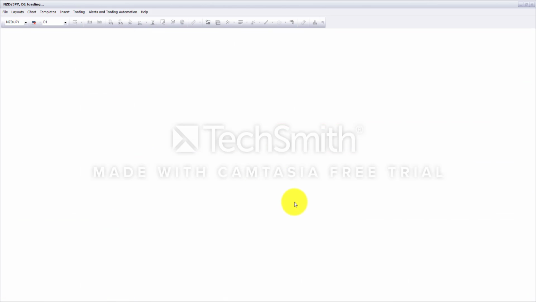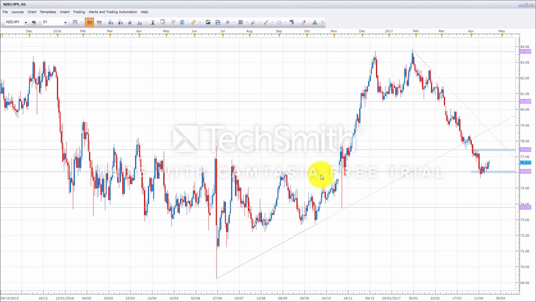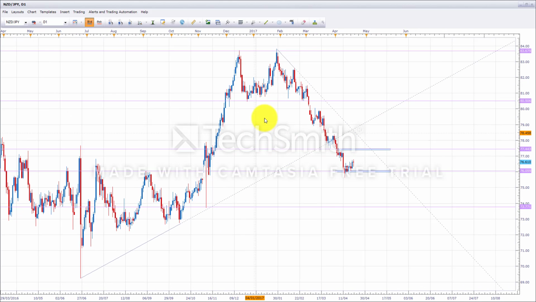The next pair I'd like to look at is the New Zealand dollar/Japanese Yen. As you can see, it was in a wedge pattern here. We've got this upward sloping trend line, this downward sloping trend line. It did actually break. It came down, found a little bit of support on the 77.44 area. Plus, this upward sloping trend line did provide a little support for about 4 days.